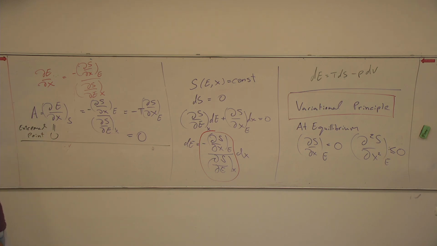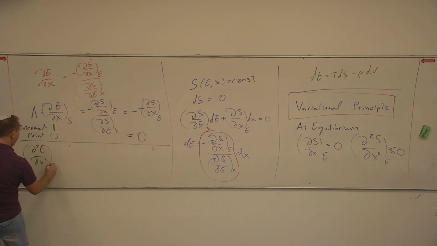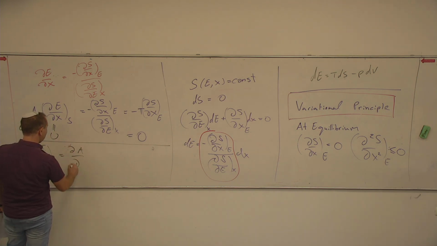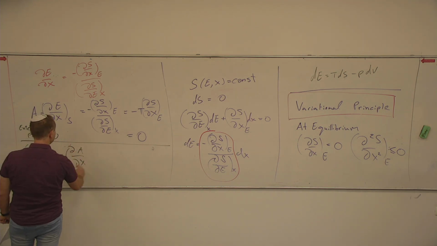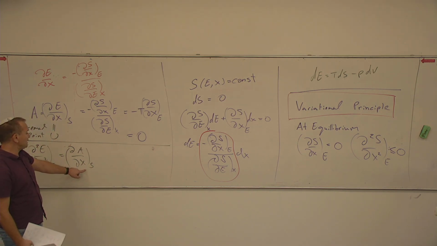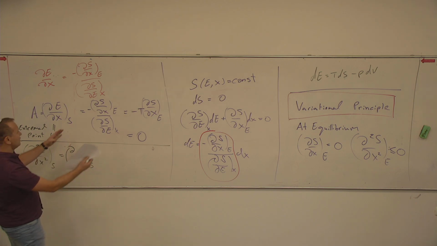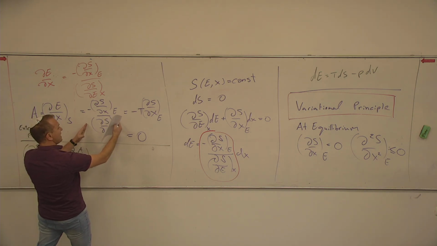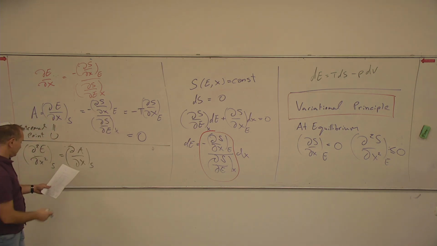Let's go to the second derivative. The second derivative is d²E/dx² at constant S. This is simply dA/dx at constant S. I have to take the derivative of whatever is standing inside those parentheses.